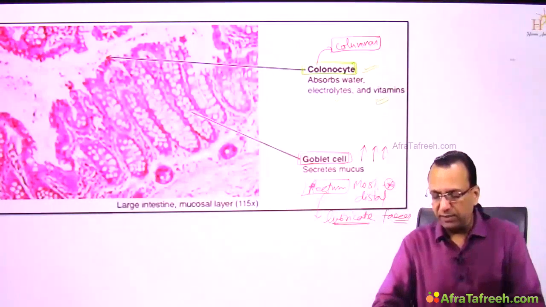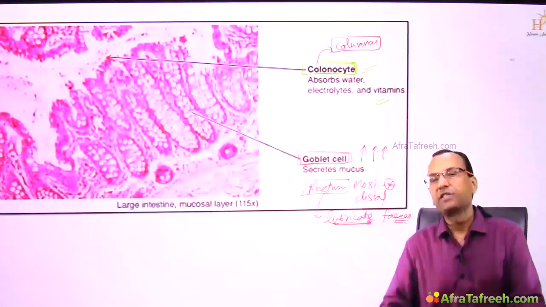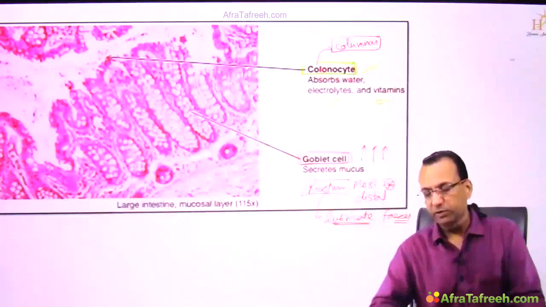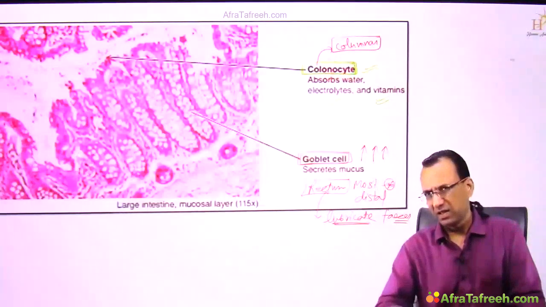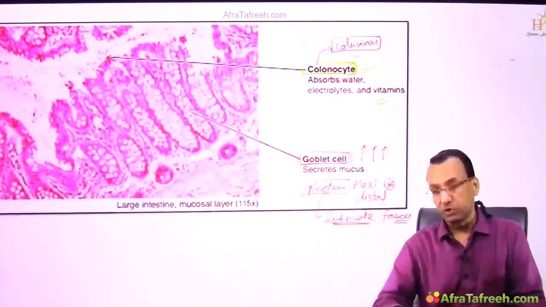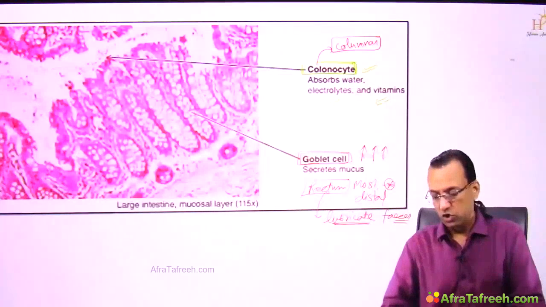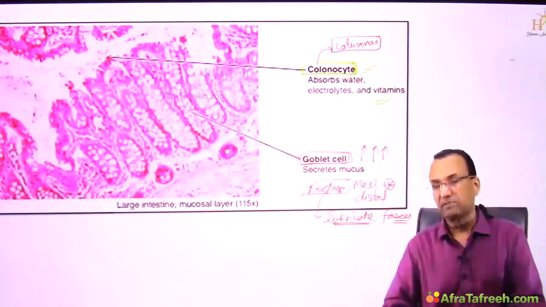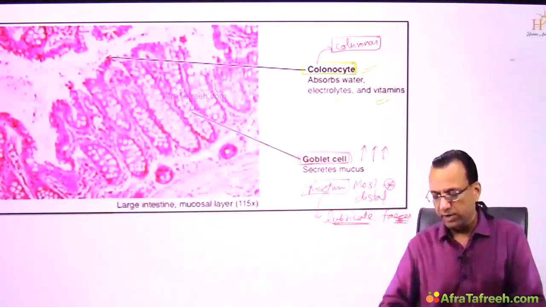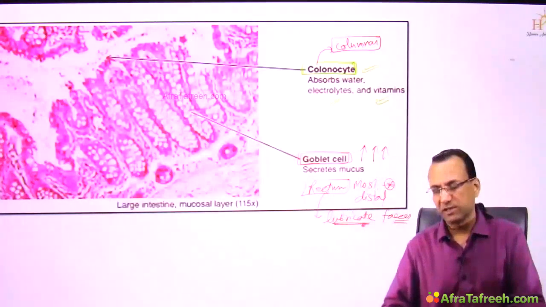As the fecal matter keeps going distal and distal, there is more absorption of water, it will become dry. And because it is dry, it should be covered by a lot of mucus. So goblet cells keep increasing distally, and towards the rectum it is maximum number just to lubricate the fecal matter for expulsion. That is the job.